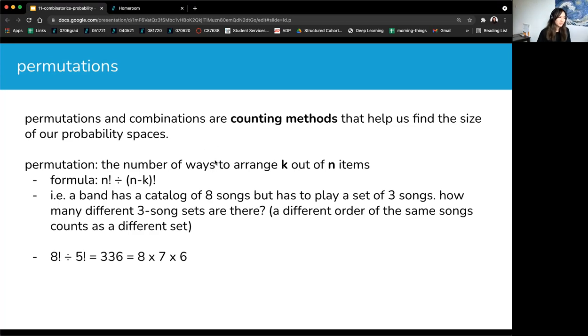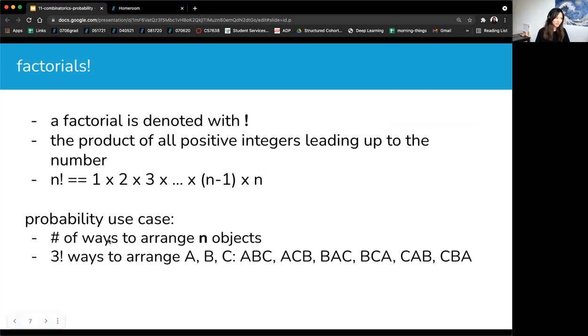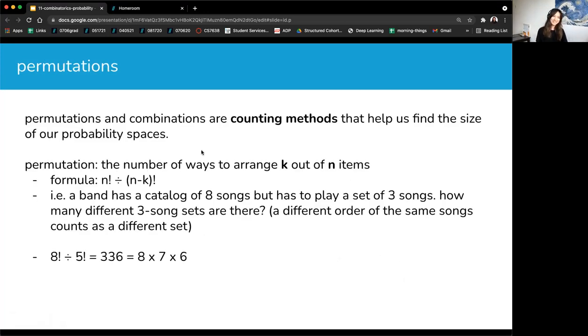So permutations. Whereas with factorials, it was the number of ways to arrange a number of objects, a permutation is the number of ways to arrange k out of n items. So the formula for a permutation is n factorial divided by n minus k factorial. And I have an example. Let's say that a band has a catalog of 8 songs, but has to play a set of 3 songs for a concert.